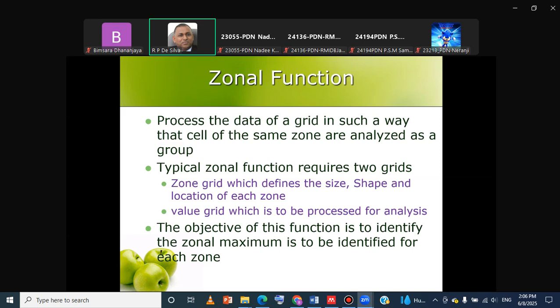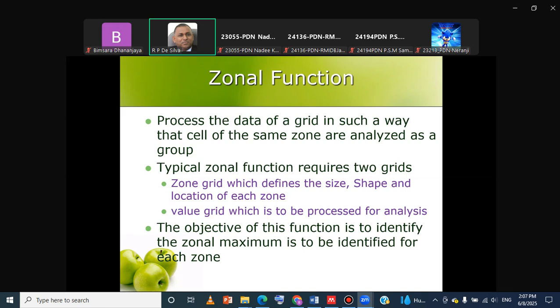And the third type of function that we are looking at is the zonal function. We looked at two types already, local and focal. The unique feature in the focal function, which you looked at before, is that it uses the cells in the neighborhood. In GIS, you can define the neighborhood function in two ways.